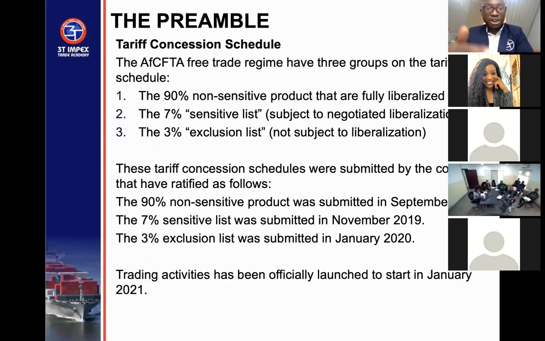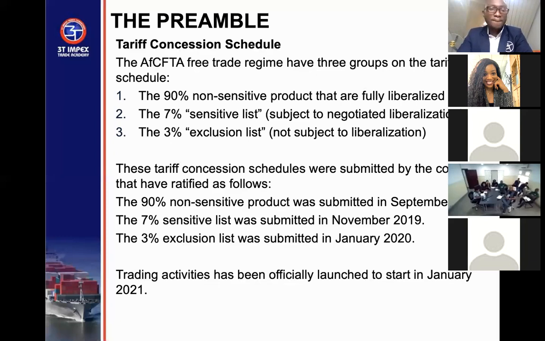We're not going to open 100%, we're going to open 90%, and 7% will be open over a period of 10 years, gradually, but 3% will never be open. Why? We need to keep protecting some sectors of our economy that we feel are fragile, that might not be able to contain competition right now.